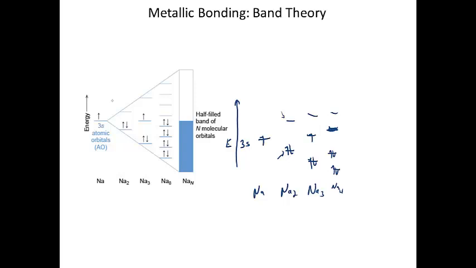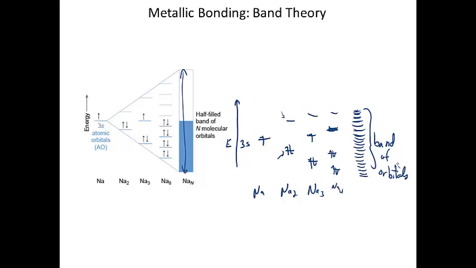The idea is if you made a very, very large chunk of sodium, you'd have a whole lot of orbitals. And those orbitals would get closer and closer together. When you have millions and millions of atoms in a solid, you have millions and millions of orbitals in that solid state, essentially a very large molecule, and that's called a band of orbitals.